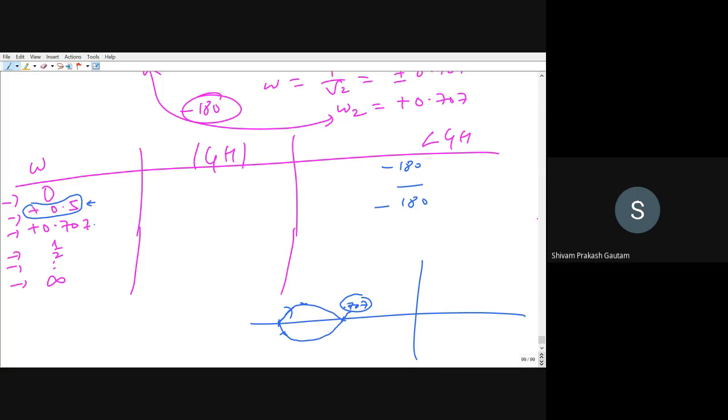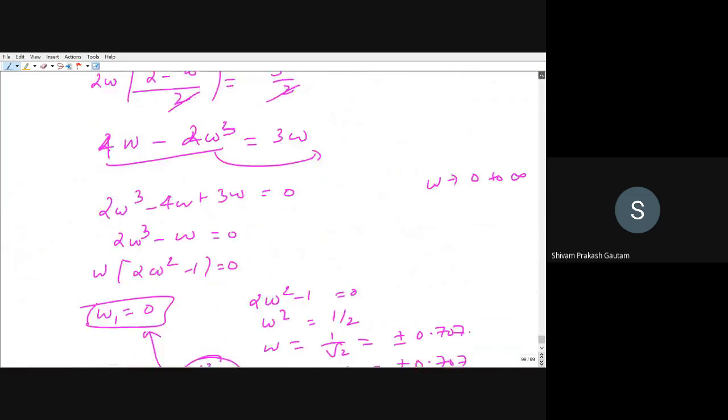So we will put in the different values of omega. If you put omega equal to 0, what is the magnitude?